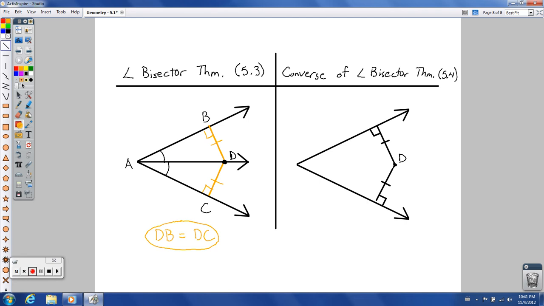And what can I now say has to be true based on what I have there? The theorem tells me that this actually has to be true. So that if I draw in the angle bisector, that it actually goes through point D, this point that's equidistant from both rays of the angle.